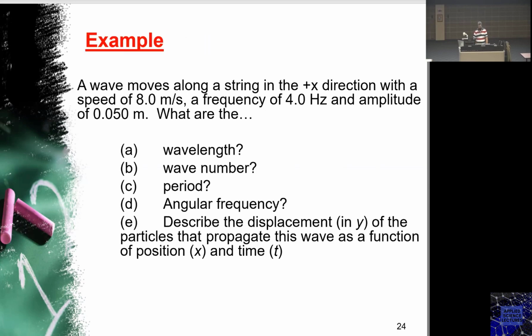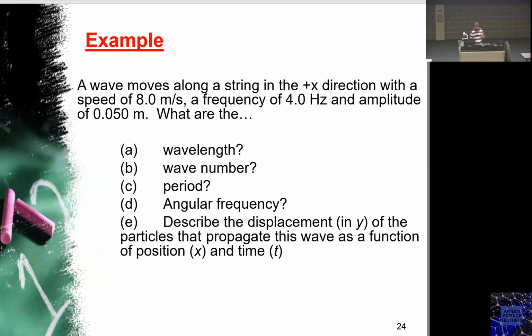So let's do this example. In this example, we have a wave that moves along a string in the positive x. So it's extremely important to know what direction the propagation is happening through and what polarity. Is it positive or negative?